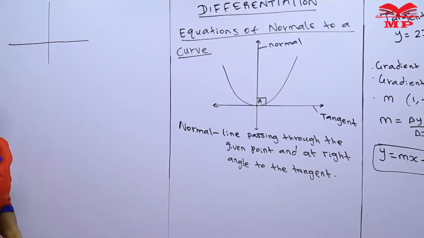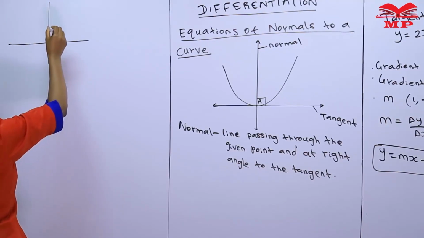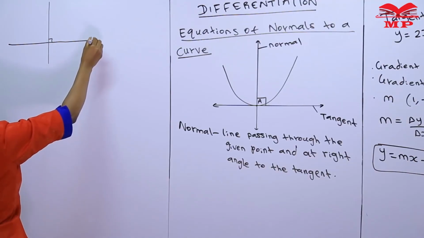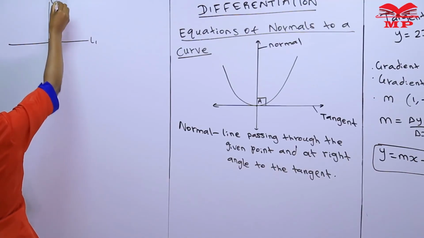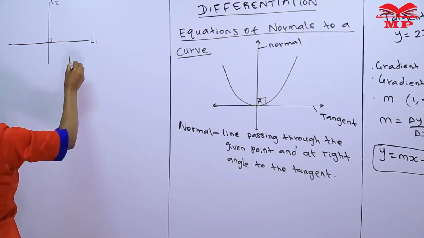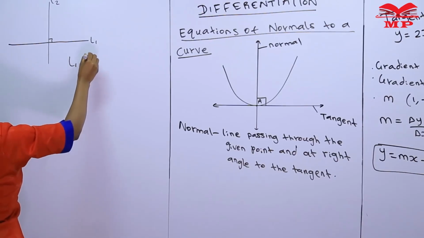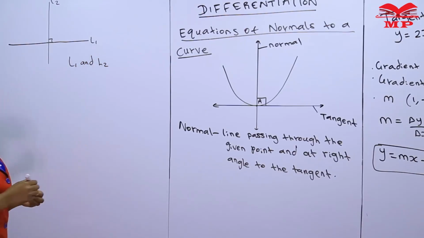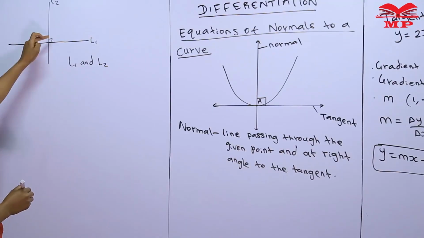So here we have two lines. We can call this line 1 and line 2. These two lines are perpendicular to each other, so they form an angle of 90 degrees.